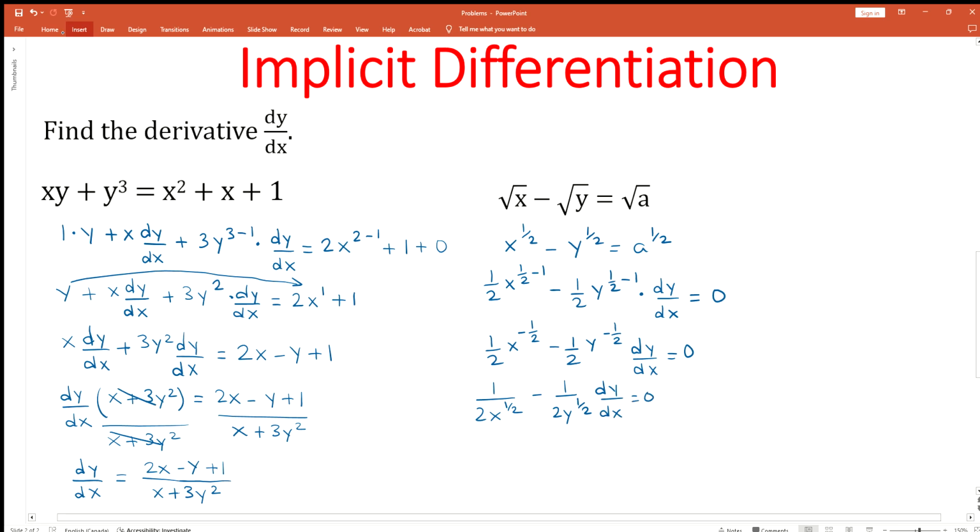This is a very important step we need to understand and memorize. Next, we can move the term 1 over 2 times x to the power half to the right side of this equation, and that will make this term negative.